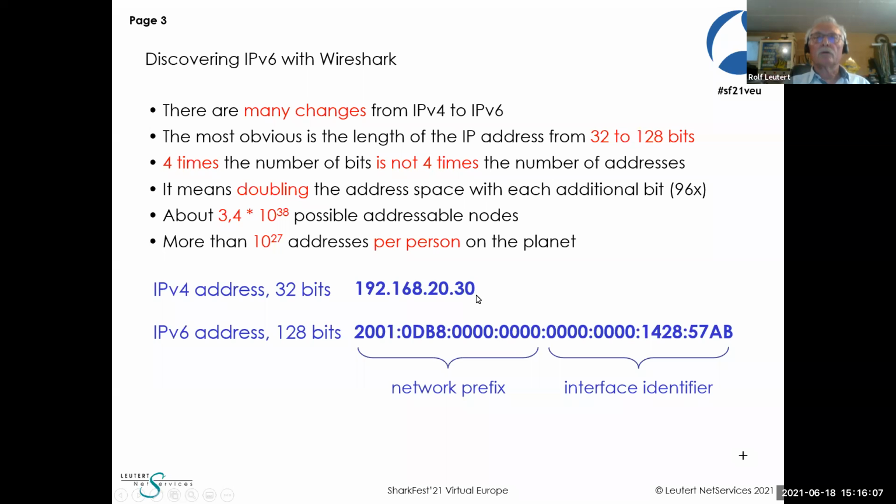Remember, we are going from 32 bits to 128, and every bit doubles the space. So we have 96 times doubling the present space of 4.2 billion addresses. So this gives an unimaginable number of addresses per person on the planet. It seems like they wanted to solve this problem once and forever.